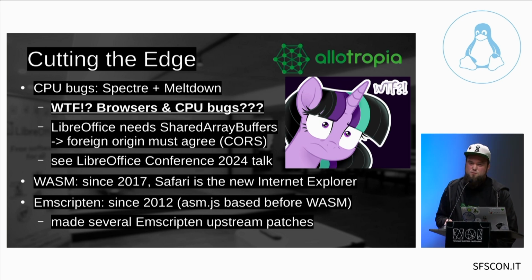One thing we encountered, which is really a problem, is you maybe heard about those CPU bugs a few years ago, Spectre and Meltdown, and I was really making big eyes when I read the first time that this is somehow interacting with this WebAssembly inside the browser. But it turns out the browser does some kind of memory isolation between its JavaScript virtual machines, and this breaks when you run high-performance code inside the browser, or it does not break, but you can actually exploit Spectre and Meltdown then from inside the browser, and you can't exploit the host, but you can exploit data from other websites being loaded inside the browser at the same time.